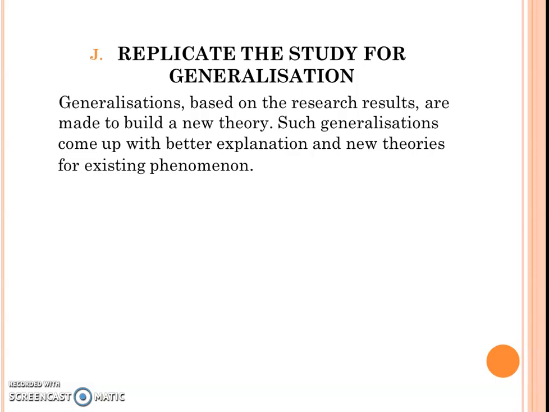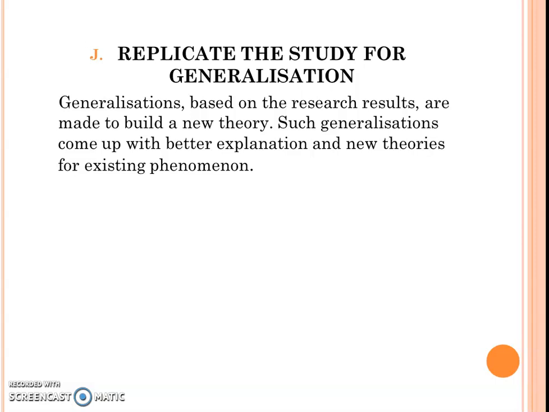See, we might have found a result related to a particular population, maybe a study conducted in Kerala, or maybe a study conducted in South India. That may not be applicable to the entire India, or maybe the northern part of India, or maybe some research data or the responses are not applicable universally.